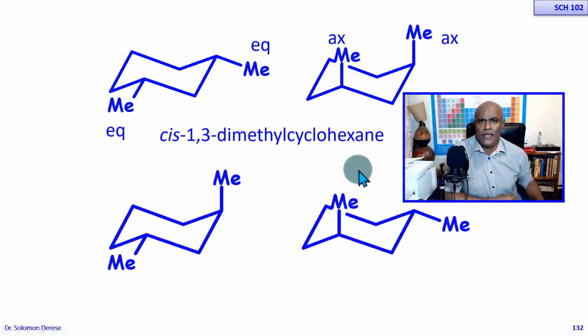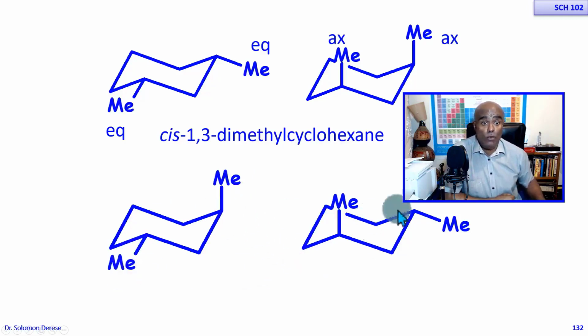Let's look at another example and settle this issue once and for all. Let's look at this situation. Now, this is the same 1,3 arrangement, 1, 2, 3, 1, 2, 3, but the arrangements are different. In here, this one is facing up, straight up. This is axial. This one is facing down. This is equatorial.